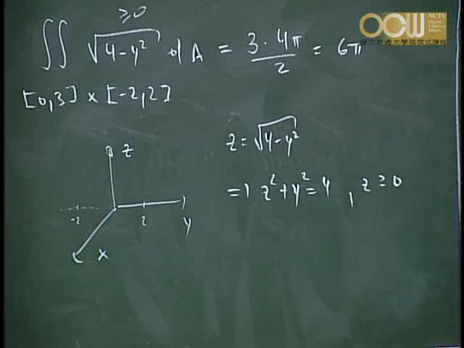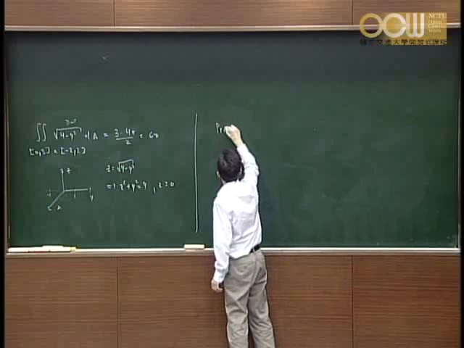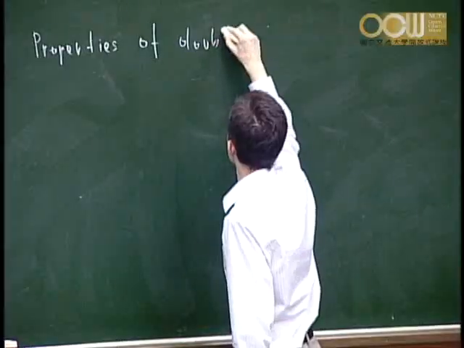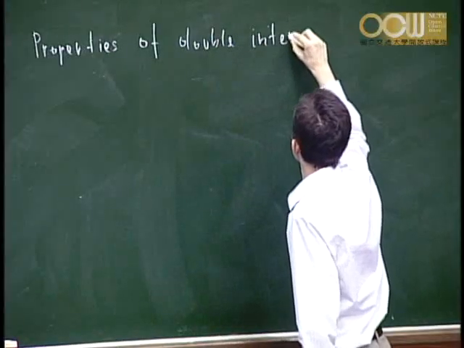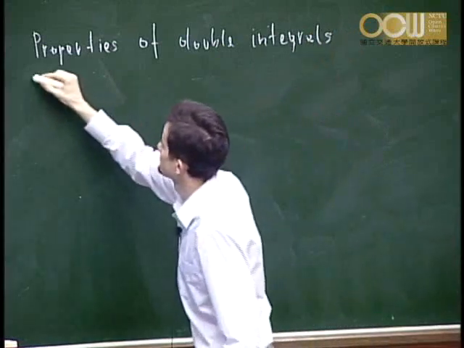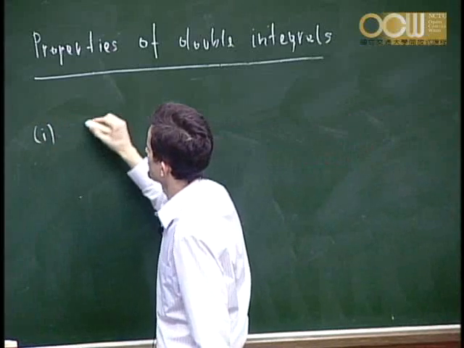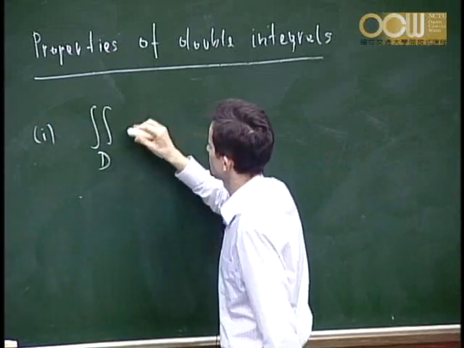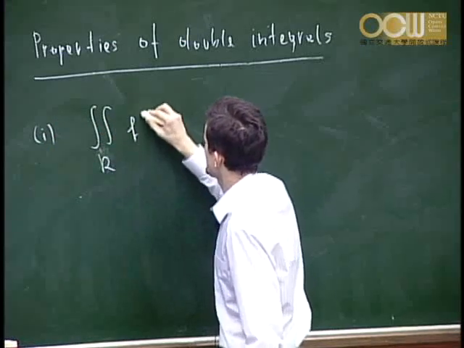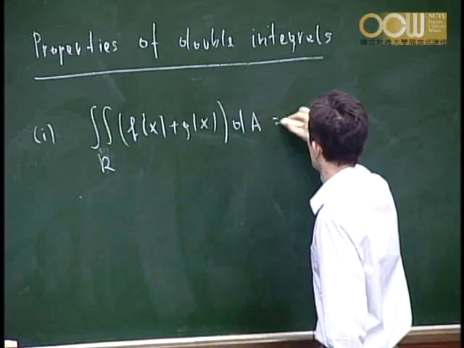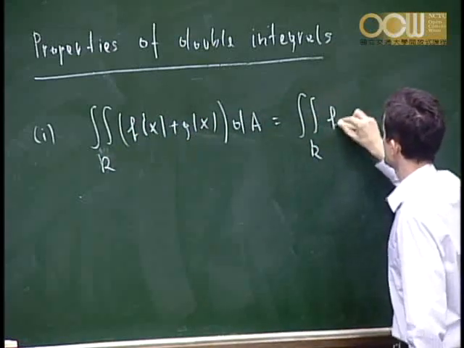Before we go on and really discuss how to compute double integrals, let's get some properties. You have the usual properties. You have the double integral over some rectangle of a sum of two functions is equal to the sum of the double integrals.